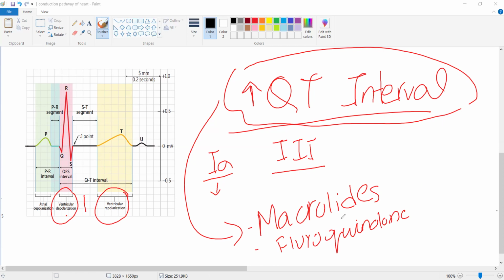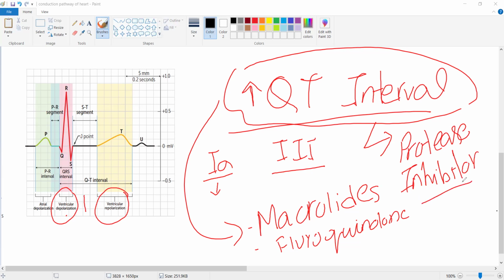Does an anti-HIV drug increase the QT interval? The protease inhibitors used in HIV treatment also increase the QT interval. There are a lot of high yield drugs that increase the QT interval. I'm not going to go into detail on these drugs.